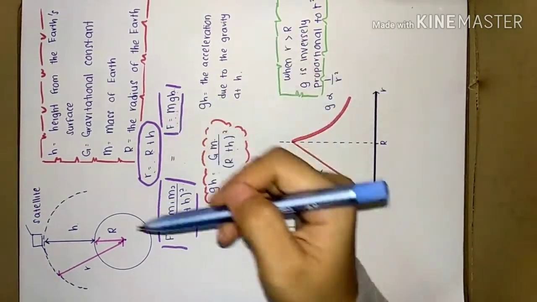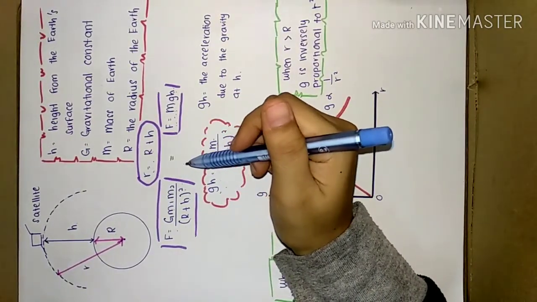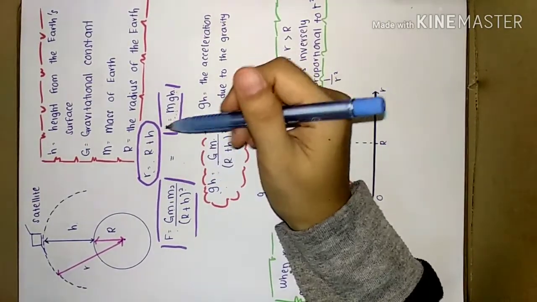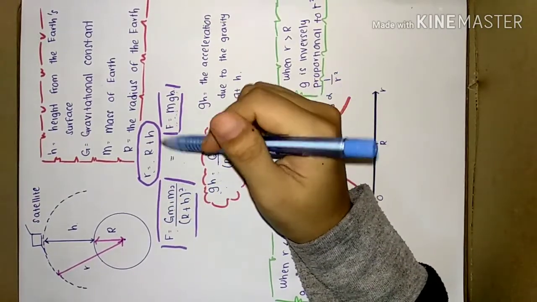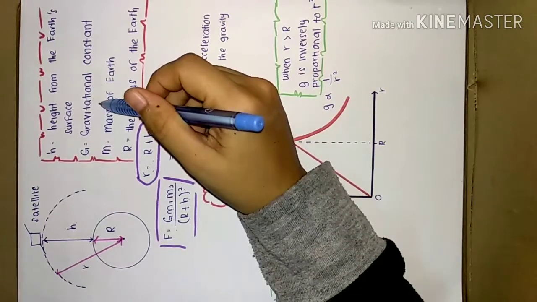So how do we get the relationship between the gravitational acceleration and the gravitational constant?